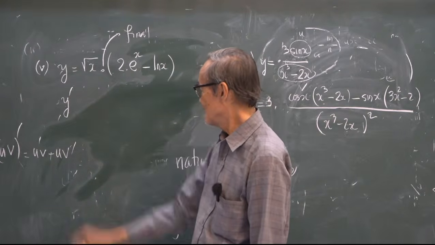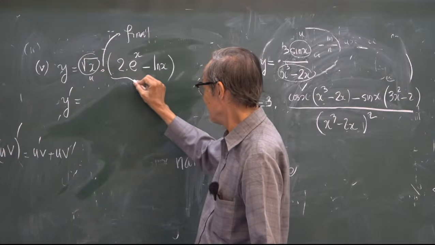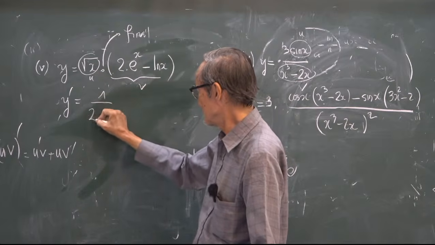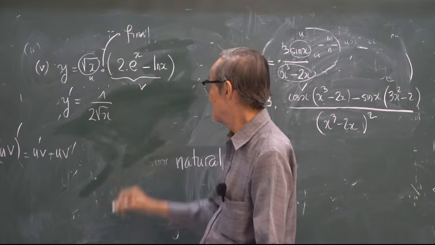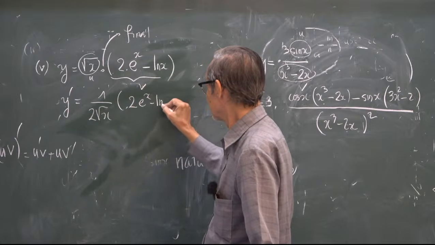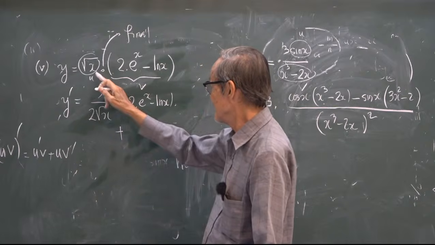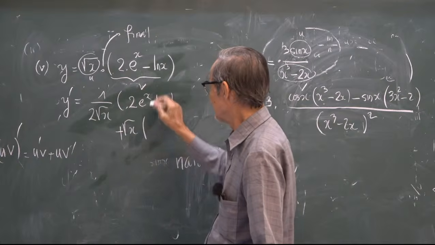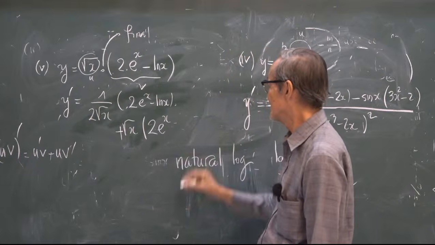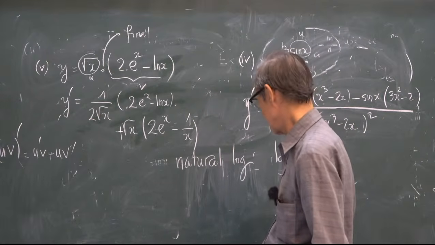So we have y prime: U here, V here, U prime is 1 over 2 square root of x, times V, plus U times V prime, U here, V prime is 2 e power x minus 1 over natural log of x.